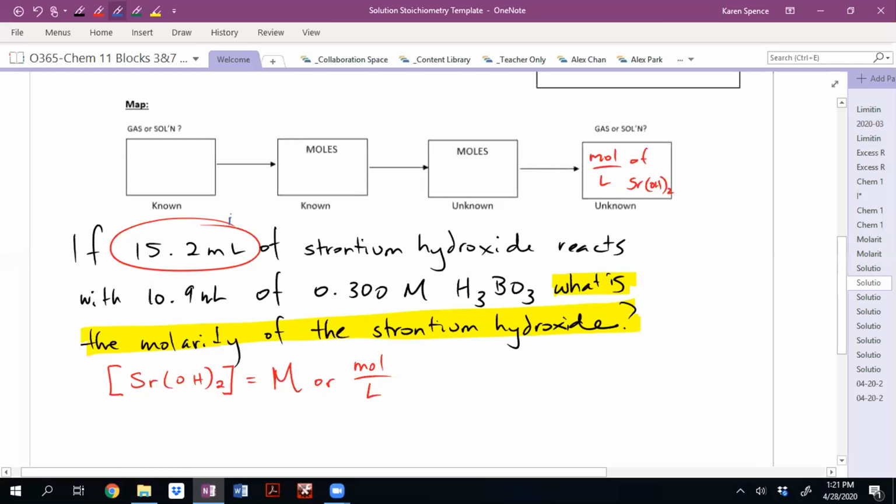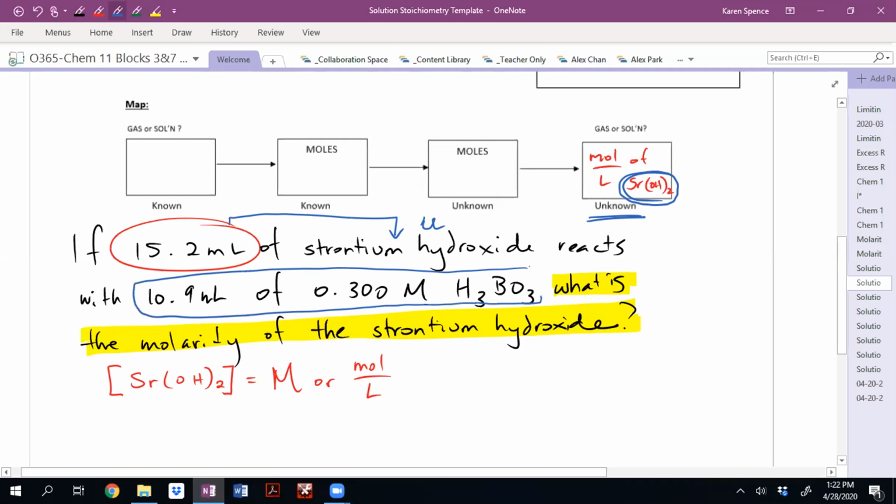That is a good guess, because we do know something about the strontium, but we already know that strontium is our unknown. It can't be both our known and our unknown, which is why I have you find the unknown first. Once you've said strontium hydroxide is my unknown, I know that it cannot also be my known substance. So if it's not strontium hydroxide, yes, it is our H3BO3, because we know a lot of information about it.